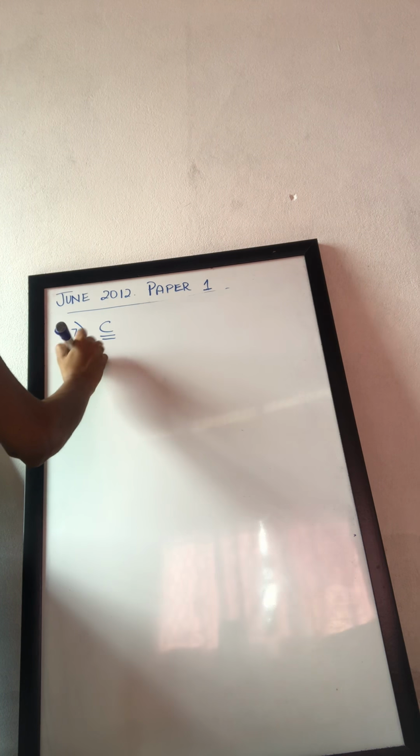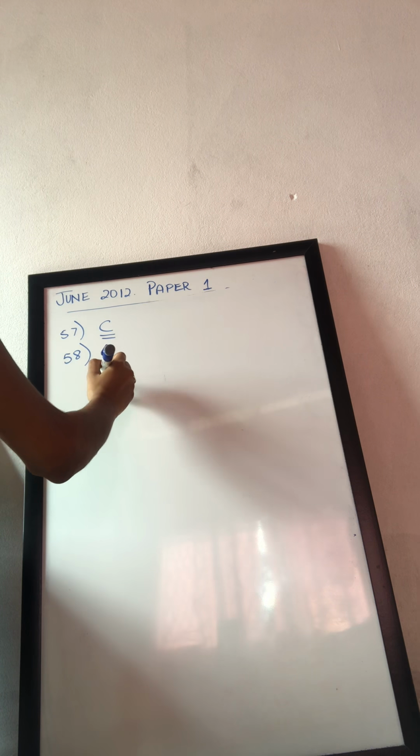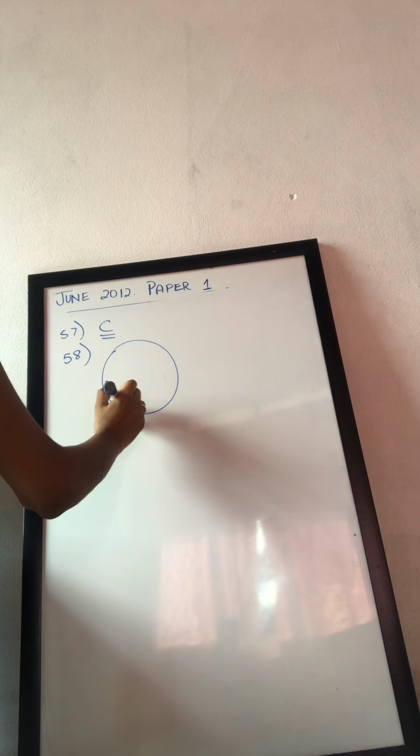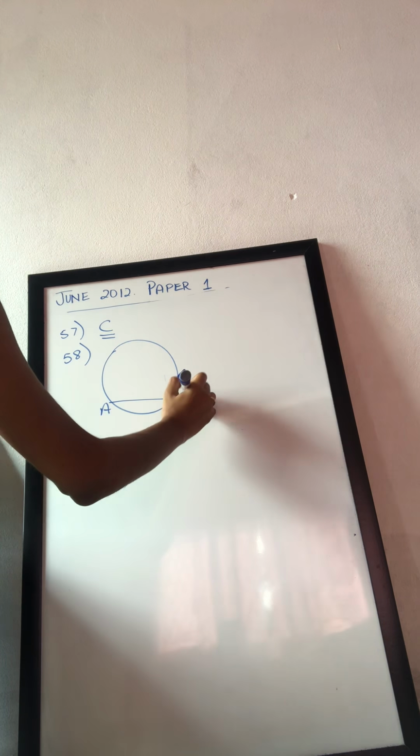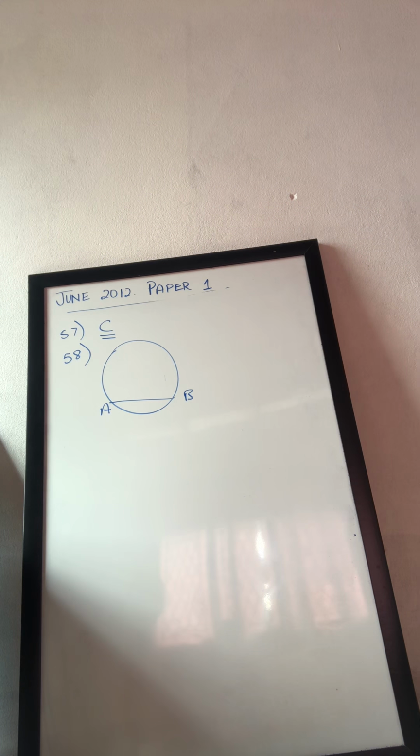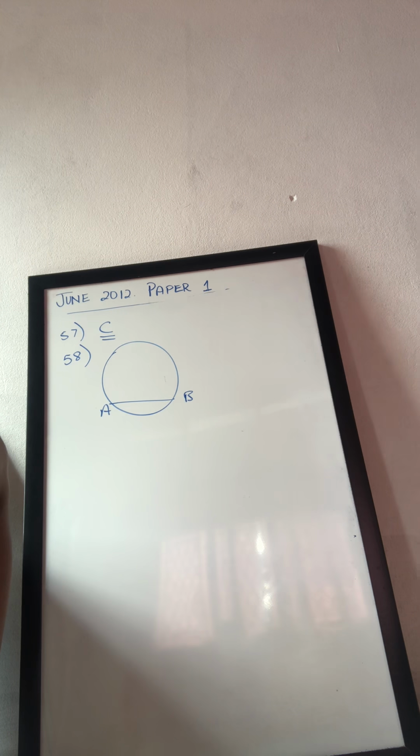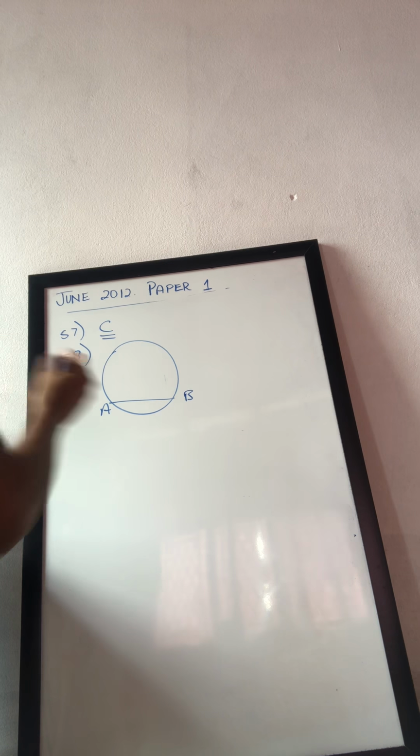For 58, okay, so we have a circle, we have A, B. So A, B, okay, good.